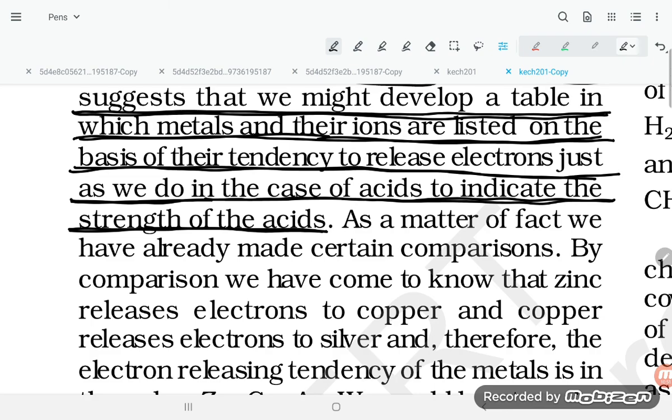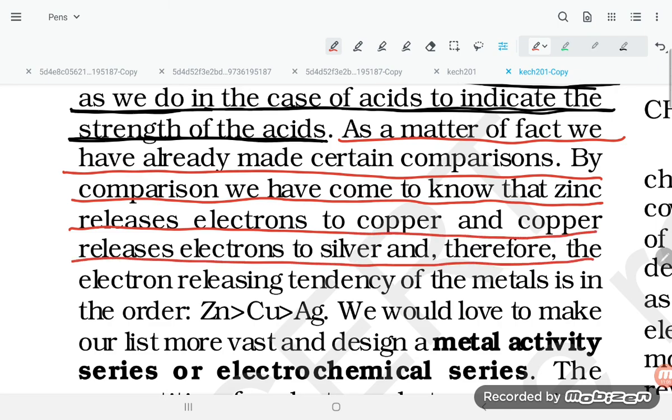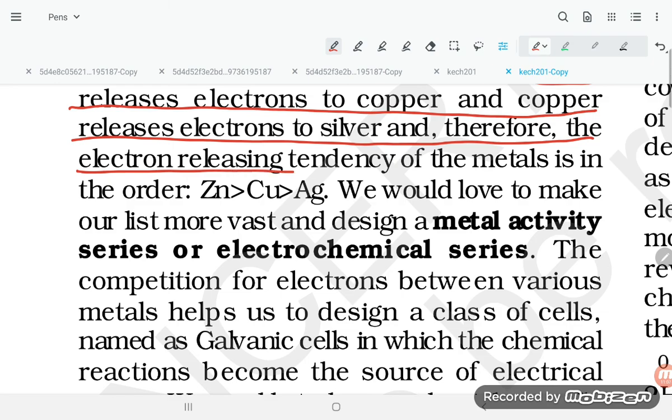Now the second point, what they are saying: as a matter of fact, we have already made certain comparisons. By the comparison we have come to know that zinc releases electron to copper and copper releases electron to silver, and therefore the electron releasing tendency of the metals is in the order zinc, copper, silver.